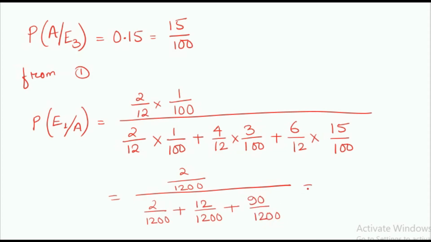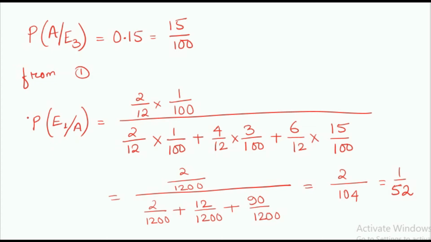If you take LCM, 1200 will be cancelled, so I'll be left with 2 by 104, which can be cancelled to 1 by 52. So there is a probability of 1 by 52 that the person who is meeting an accident is a scooter driver. I hope this is clear.